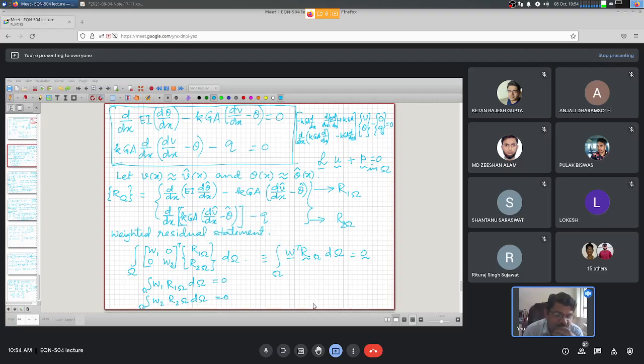So in case of the Euler-Bernoulli hypothesis, there was only one weighted residual statement, agreed, but that weak form required second order derivatives.